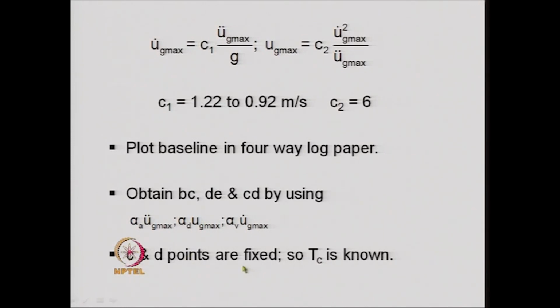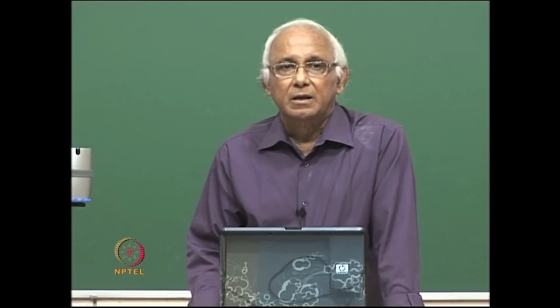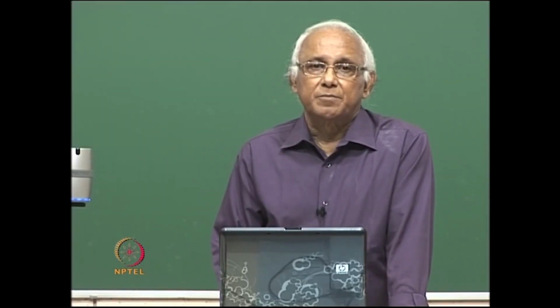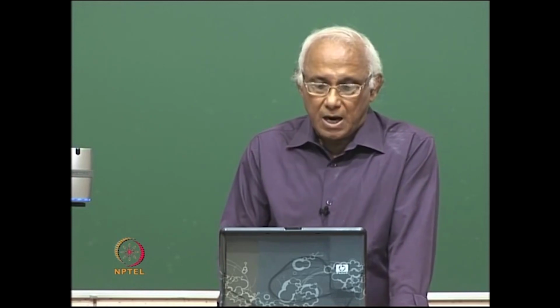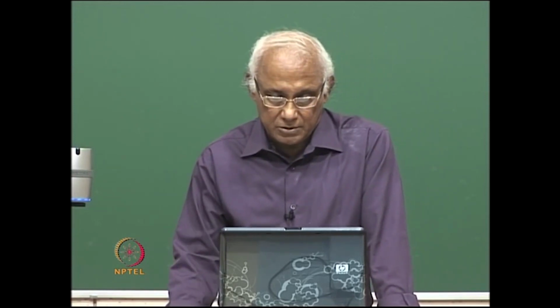Since the C and D points are fixed, TC is known, and once TC is known, the other values TA, TB, TD, TE, TF etc. can be obtained, again from the experience people had from previous earthquake records.